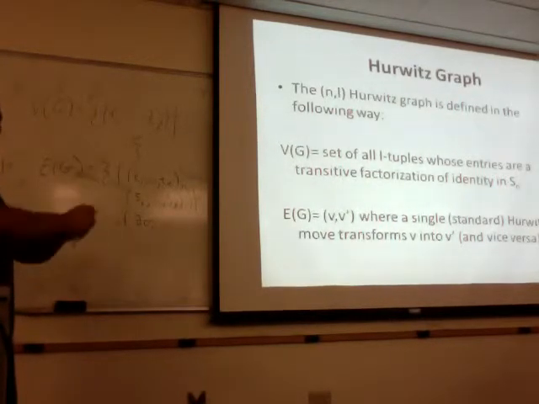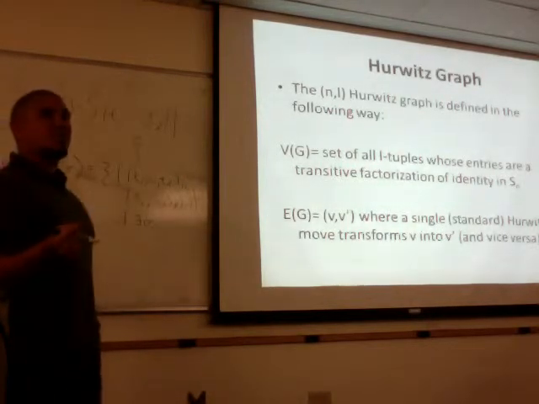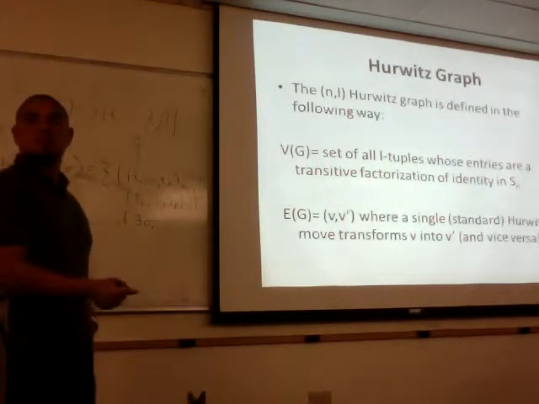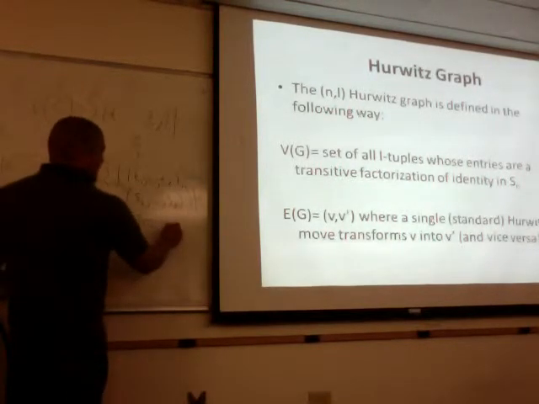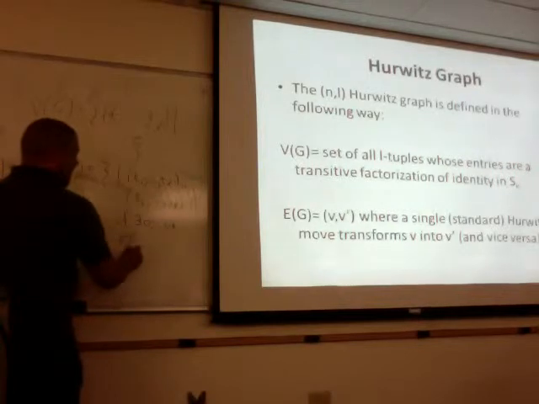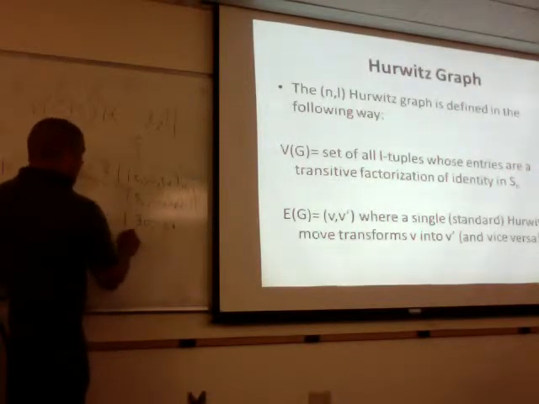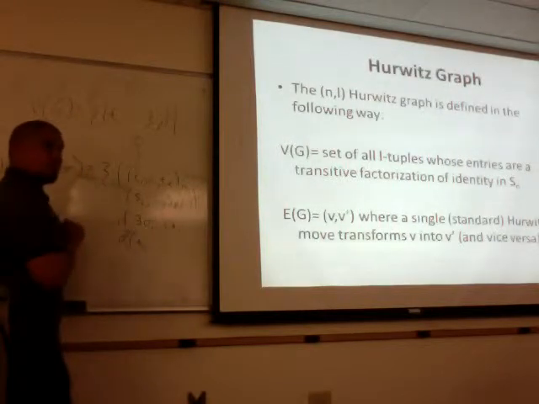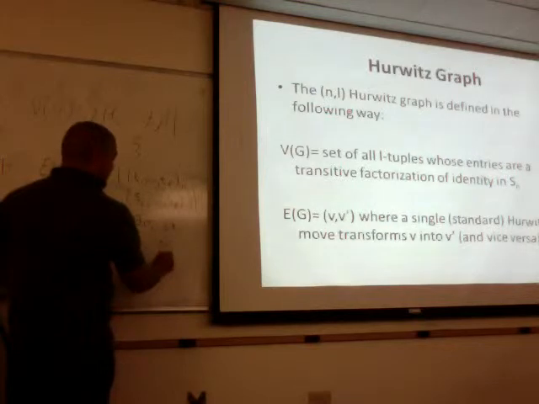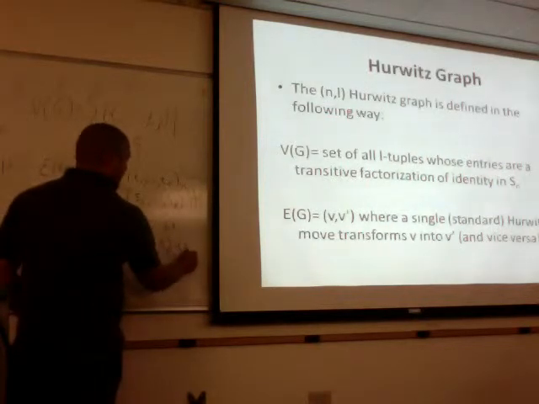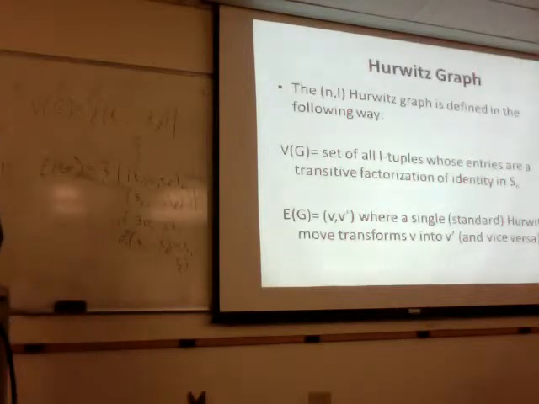If there exists a single one, you define an edge. If they're Hurwitz equivalent, there's a path. Right? And so it's sigma_i applied to T1 through TL, plus or minus 1, could be inverse, equals S1 through SL. Okay. So far, so good.